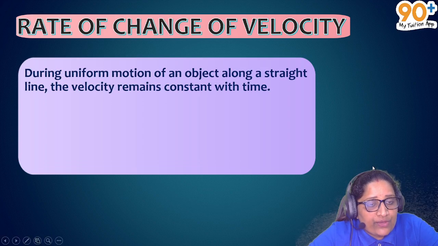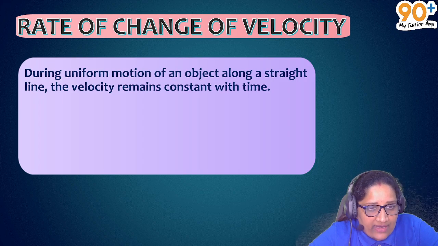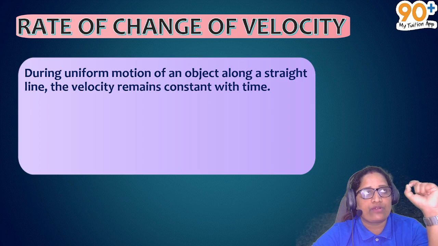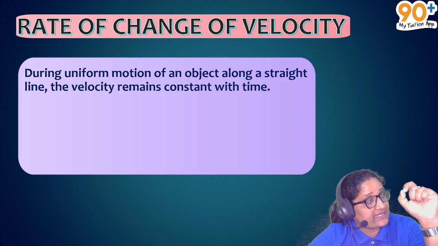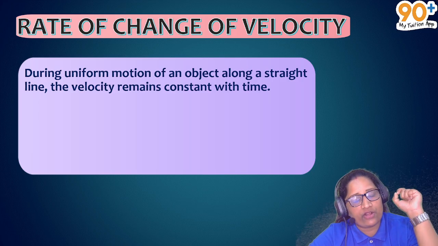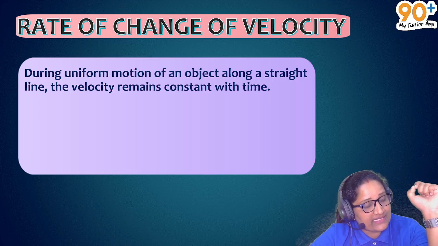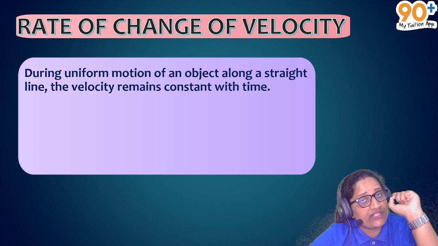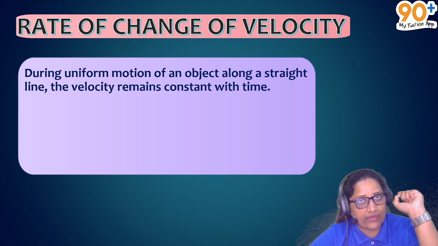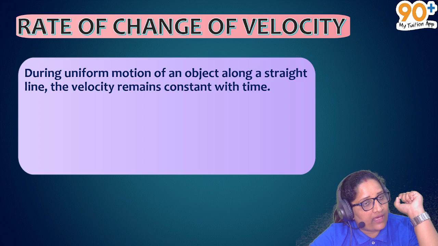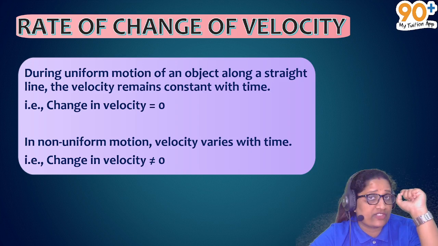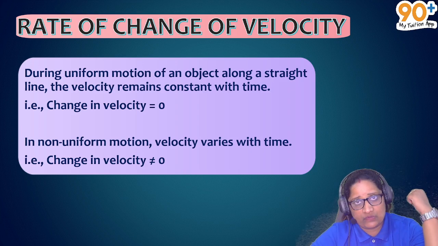During uniform motion of an object along a straight line, the velocity remains constant with time. Uniform motion means equal distance in equal intervals of time. If an object covers equal distance in equal intervals of time, the object is in uniform motion. In uniform motion the change in velocity is 0, because of the same speed.